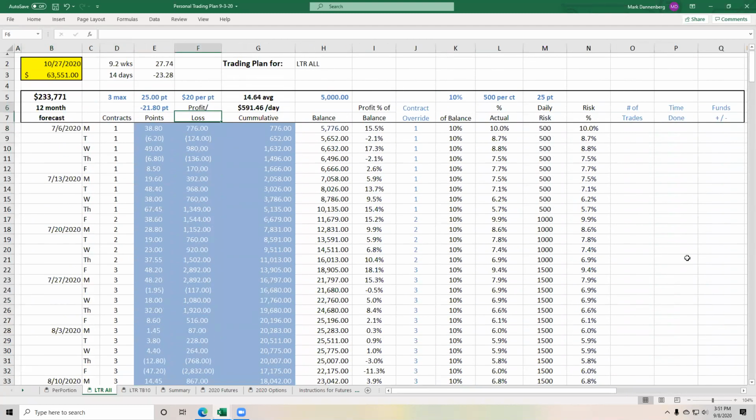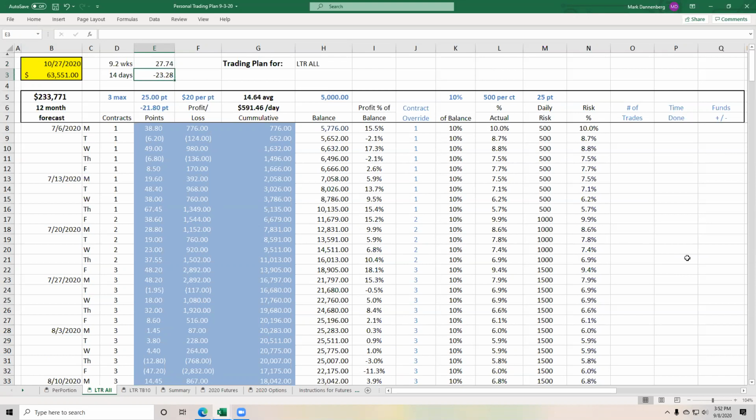All right, so here's the important part now. These two numbers up here, right here, 27.74 is the average profit production from our winning days. We're averaging 27.74 points a day.